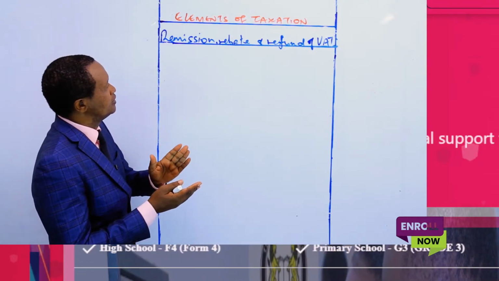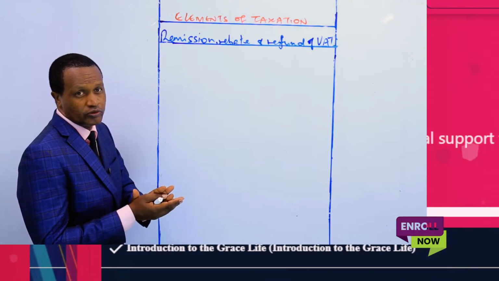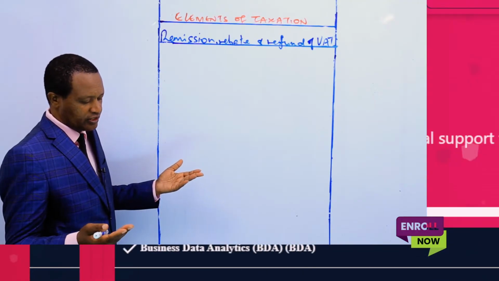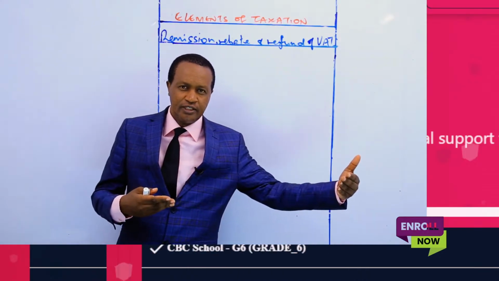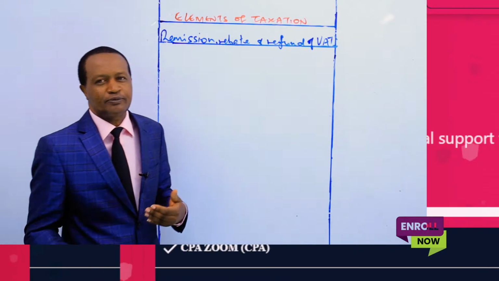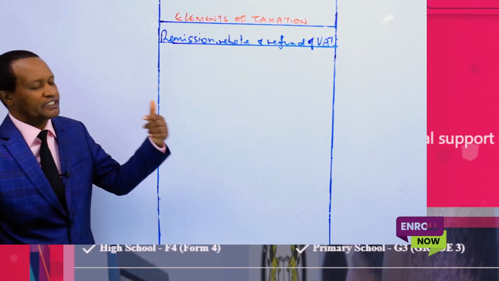And in Kenya, refund, rebate, and remission all refer to ways in which VAT that has been charged or paid is returned to a taxpayer, but they apply in different circumstances.